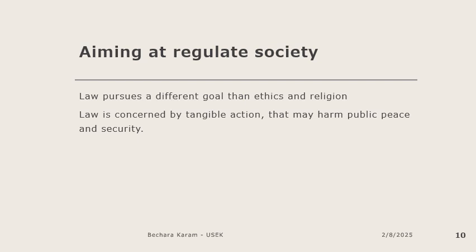Finally, law aims at regulating society, or societal interaction, or societal actions. So the goal pursued by law is different from the goal pursued by ethics or religion. Religion mainly tells us about God and our relation with God.